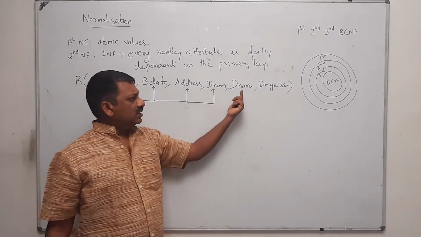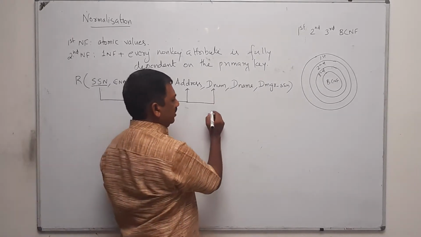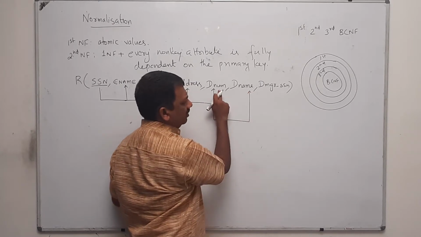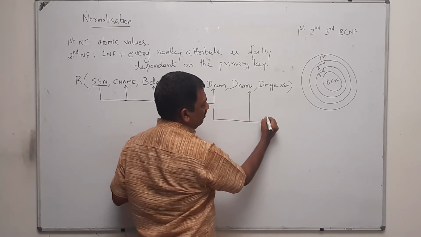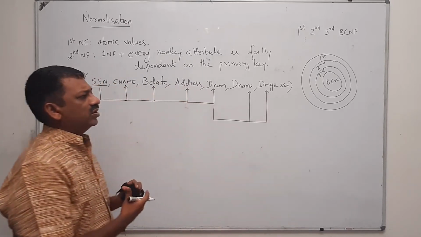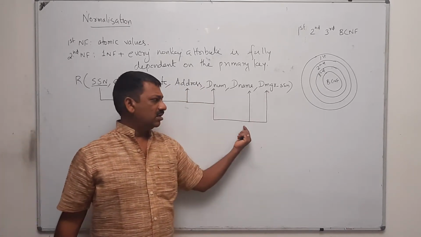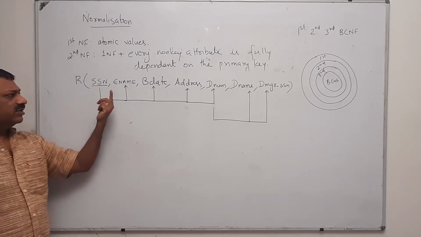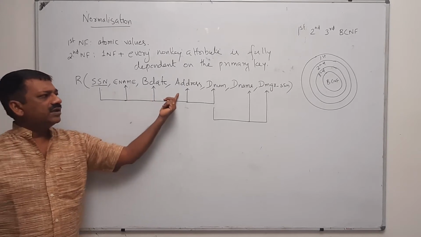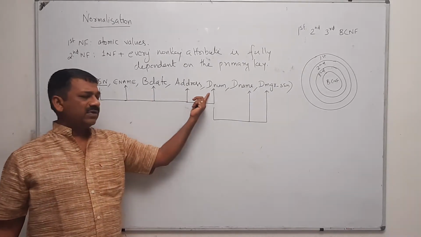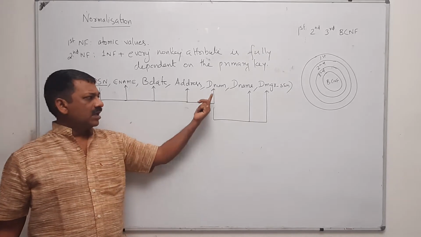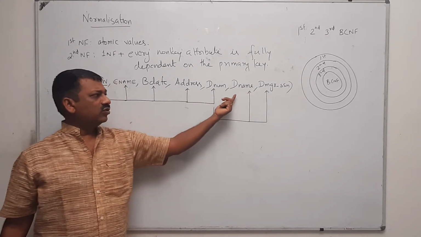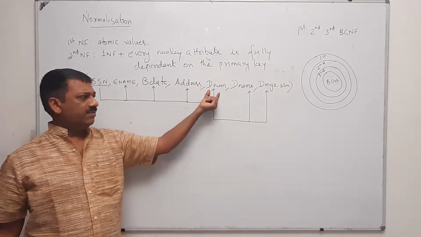Now, the department name is dependent on the department number, and the department manager social security number also depends on it. The social security number determines E name, B date, address and the department number in which he is working, and department name and department manager SSN both depend on the department number.